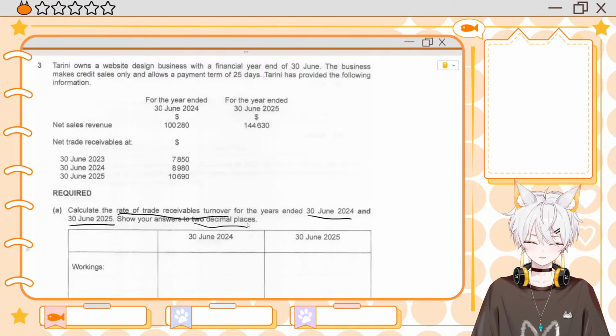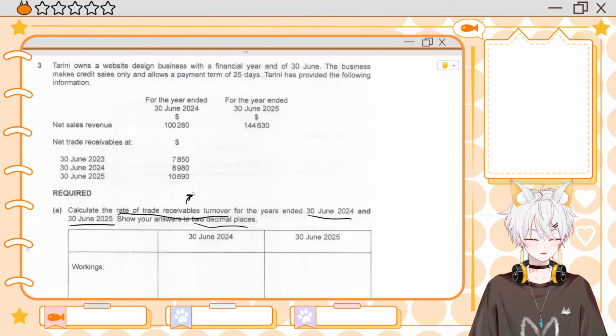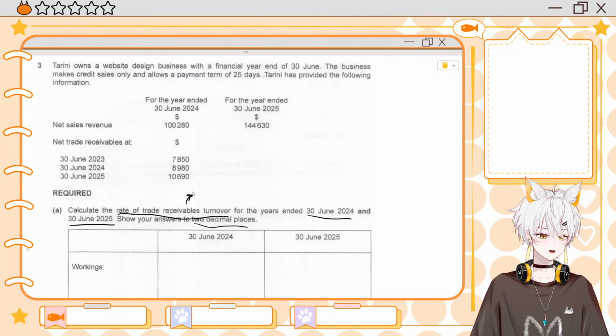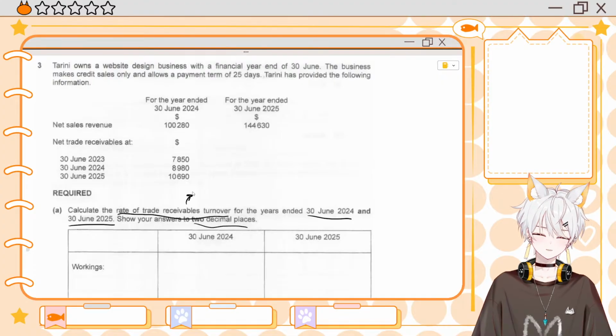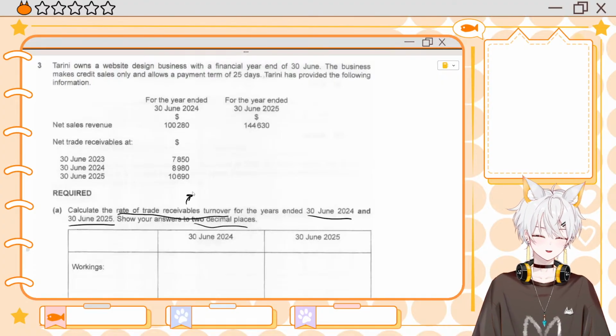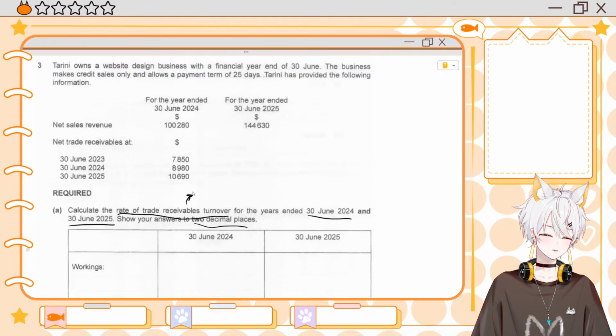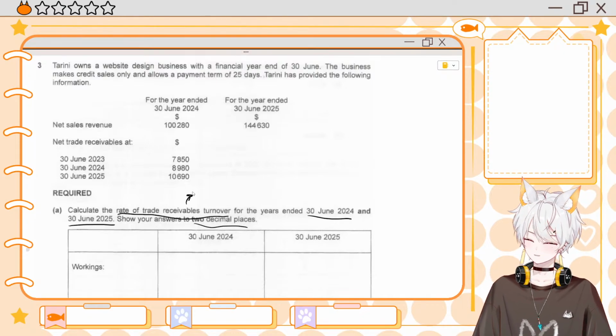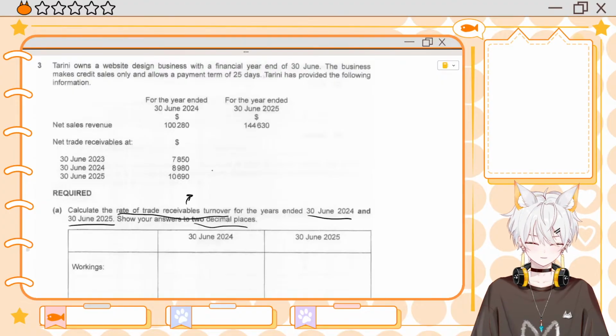Okay, so a little explanation on what trade receivables turnover is. Essentially, it means how many times your credit sales compare to the average amount your customers owe you. So it's like a ratio.